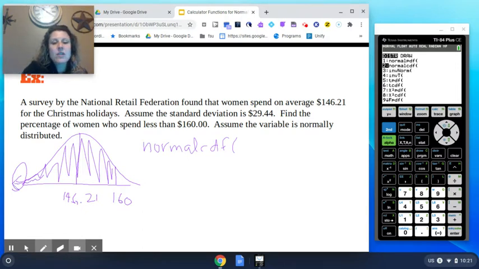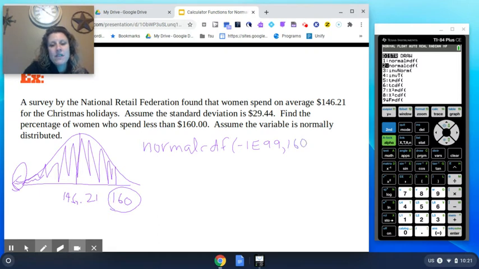So the calculator recognizes -1E99 as the smallest possible number in the calculator. And we'll go over buttons in just a second. Then the second number is where the shading ends. For our example, our shading ends at 160.